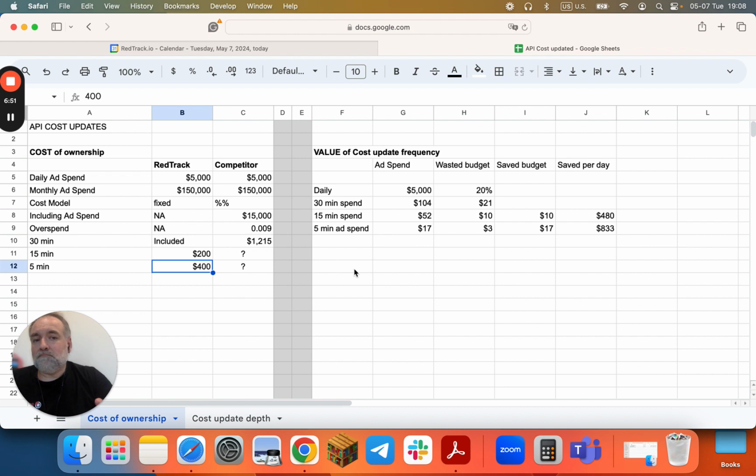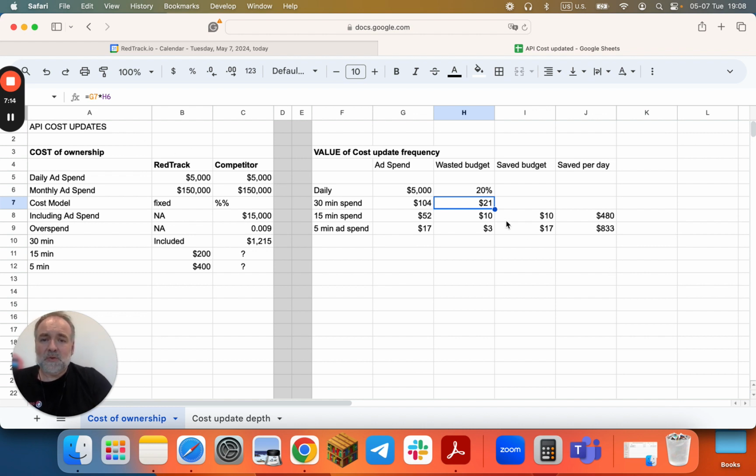You can also look at it the other way around. If you update costs every hour, well, you lose more money. Of course, you still prevent waste, but you lose more money. And this adds up because it's every hour, every day. In the end of the month, it's literally thousands of dollars, even on a smaller ad budget.